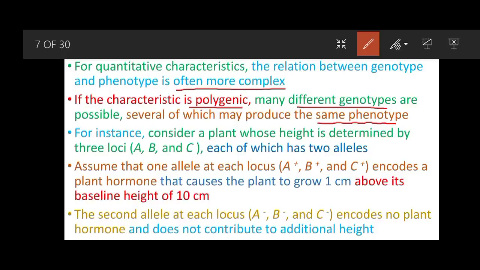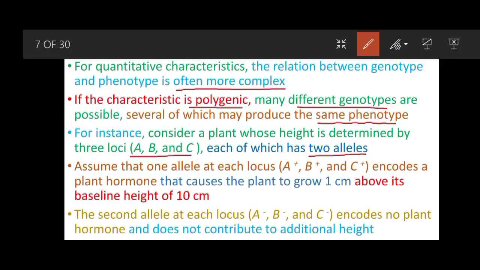For example, consider a plant whose height is determined by three loci A, B, and C, and each has two alleles. There are three loci, three genes, and each of these three genes has two alleles.